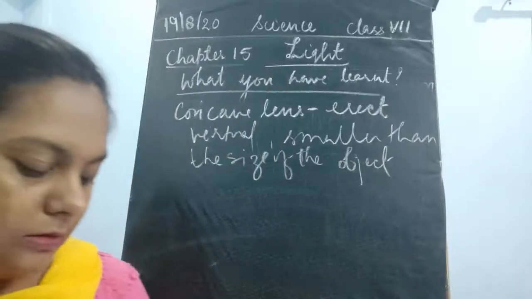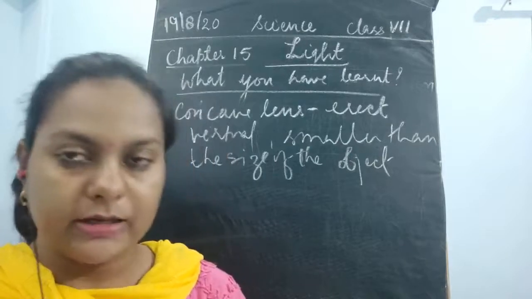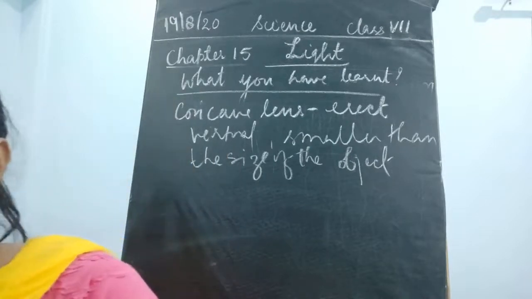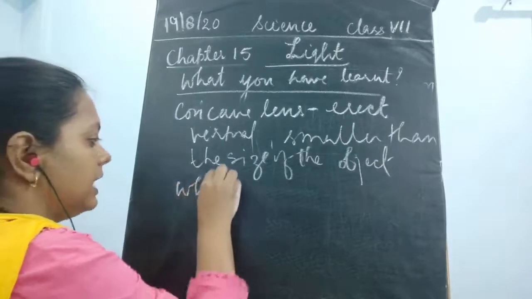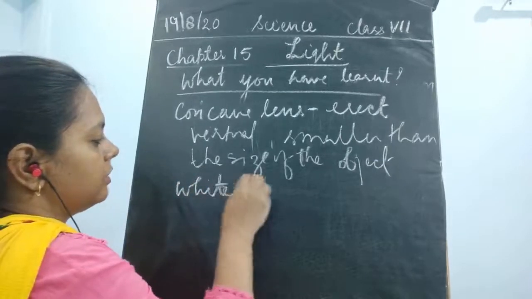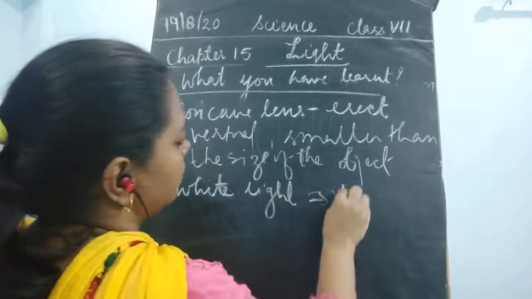Next is that white light is composed of 7 colors. The last point says that white light is composed of 7 colors, and we have already proved this by the phenomenon of dispersion.